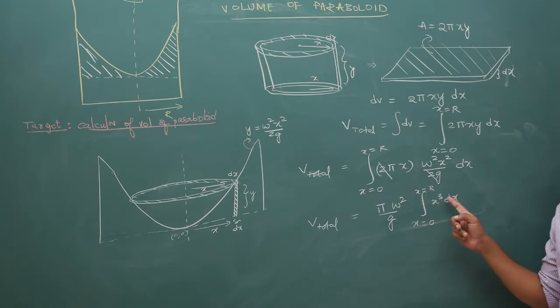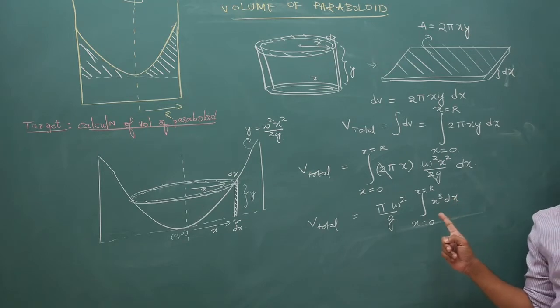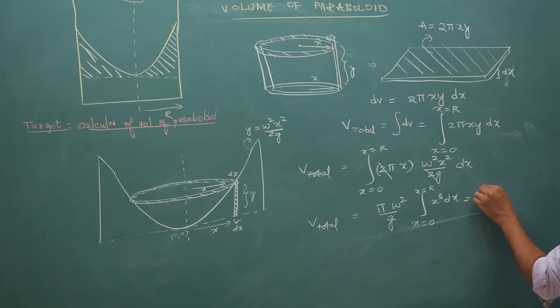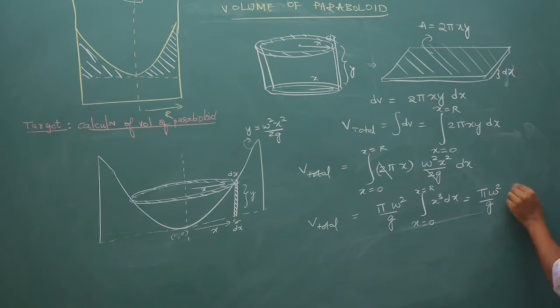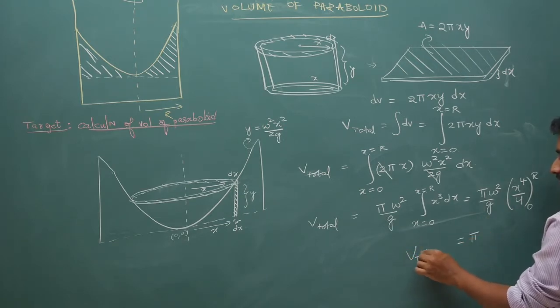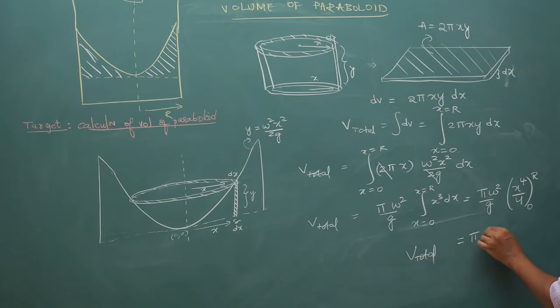Integral of x power n is x power n plus 1 by n plus 1. So this will give you pi omega square by g times x power 4 by 4 from 0 to r. That will give you your total volume V total is pi omega square r power 4 by 4.